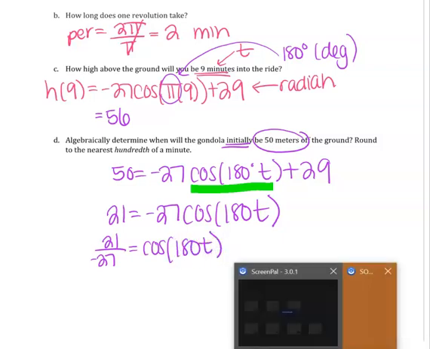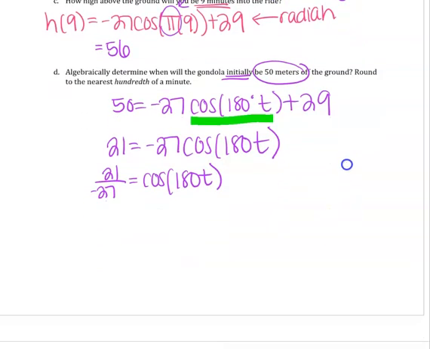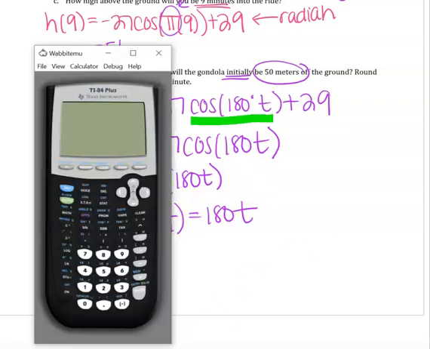Cosine of 180t. Now, at this point, I need to undo cosine, which means we're going to use inverse cos. And whatever that will do, will undo cosine and leave me with that equal to 180t. So let me grab my calculator.